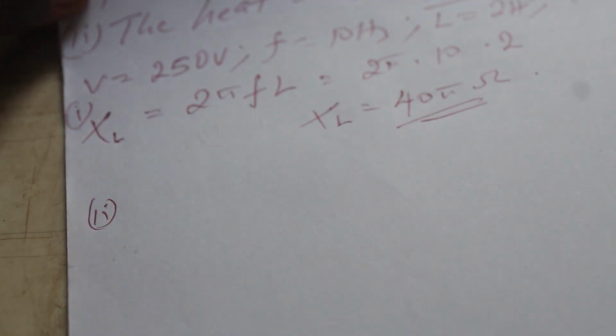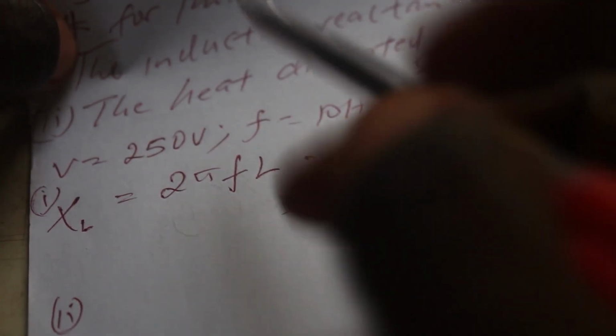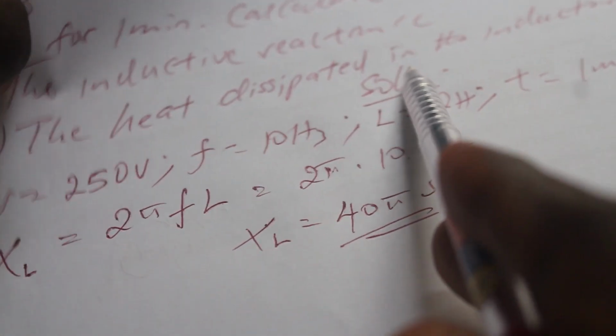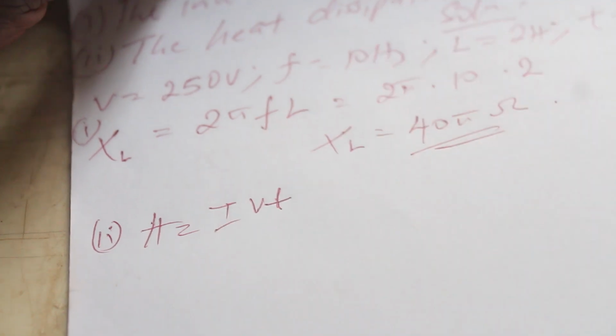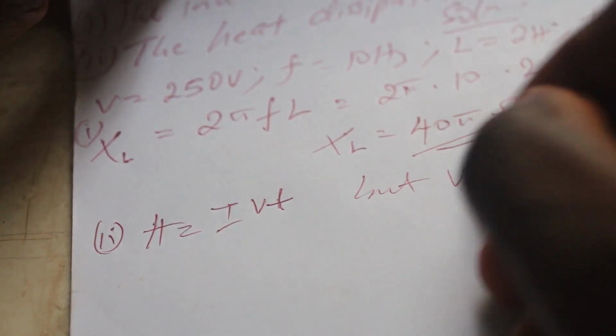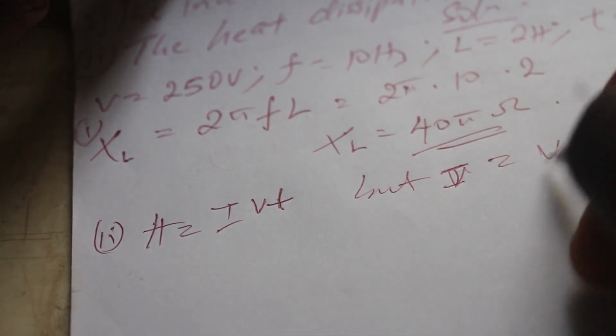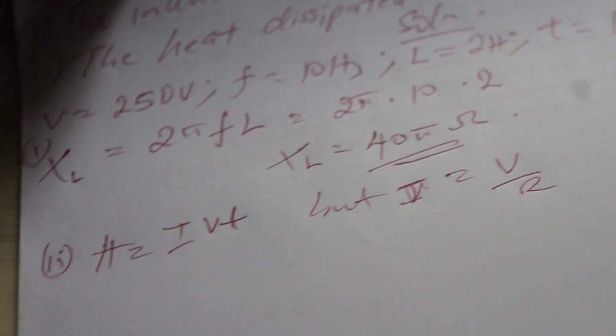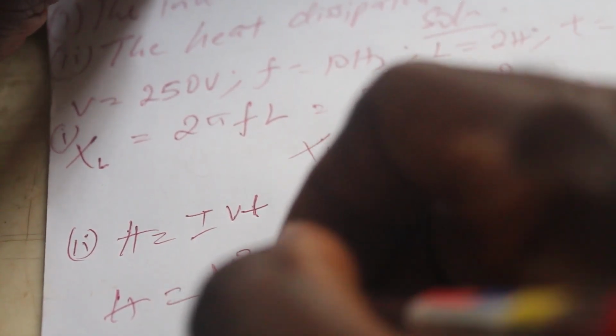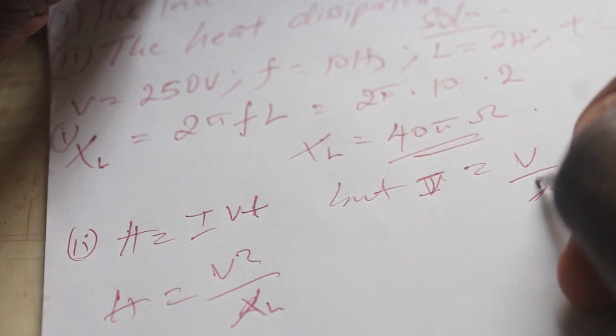Number 2. Find the heat dissipated in the inductor. That's the question. So here we have H, electrical heat, is given as IVT, but we know that I is equal to V all over R. So if you bring it into this place, here we have H is equal to V squared over XL.